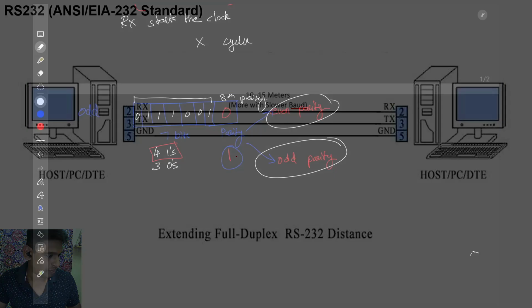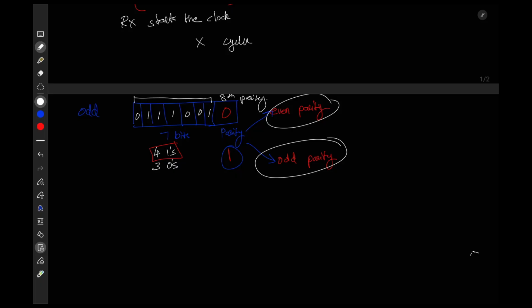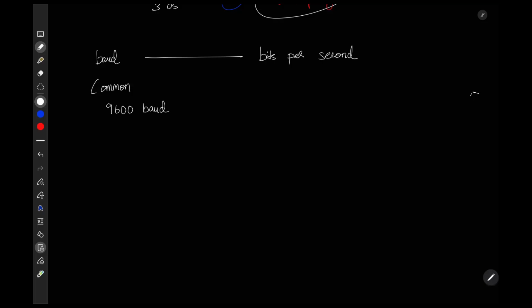Going on to the slide. So what is baud? Baud is basically bits per second. The most common baud rate that is used is 9600 baud. You might have already heard of 9600.